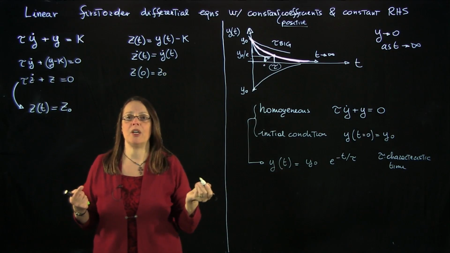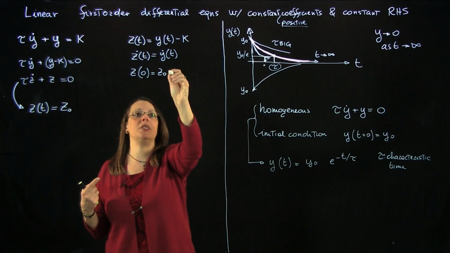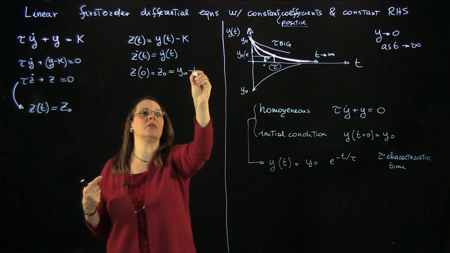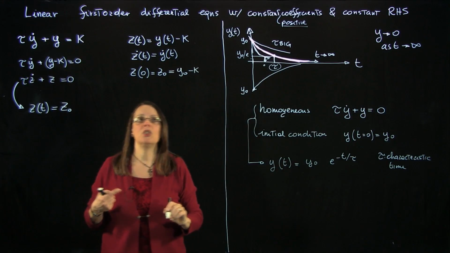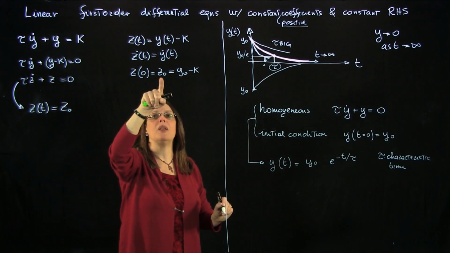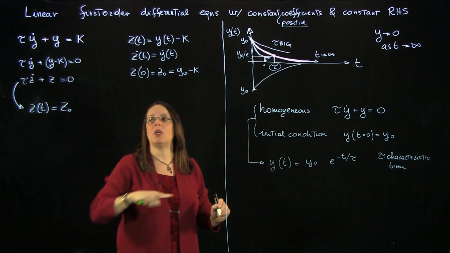What is the value of the function at time equals 0? It is equal to the value of the function y at time equals 0, which is y0 minus k. Right? So if I know the value of function y at time equals 0 is y0, then the value of the function z at time equals 0 is z0, y0 minus k.